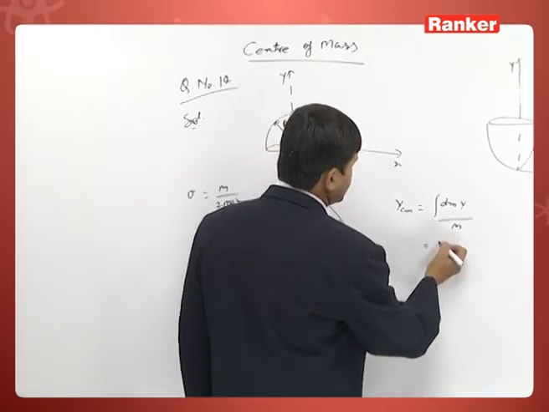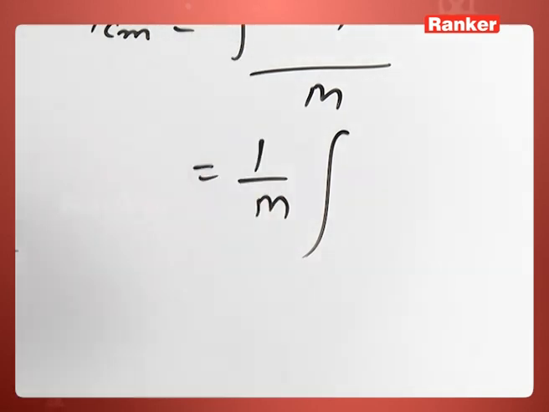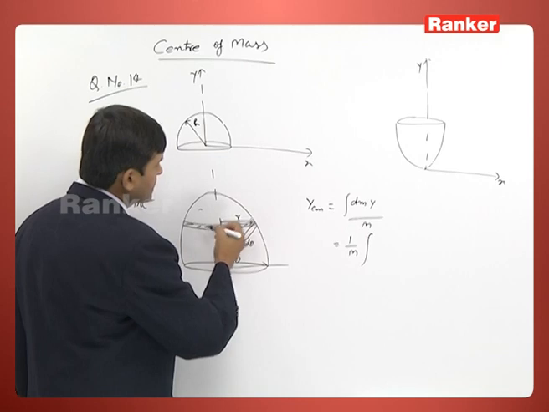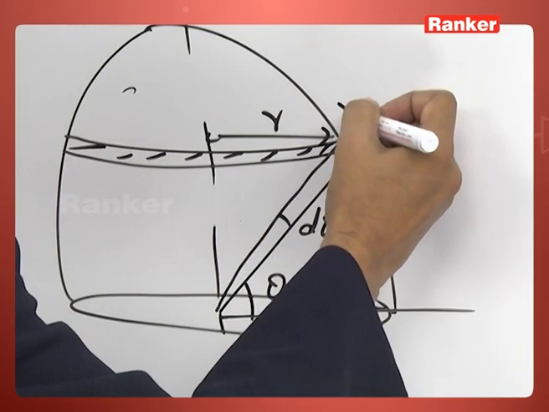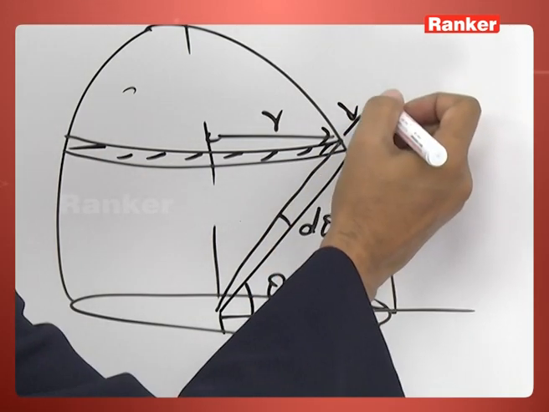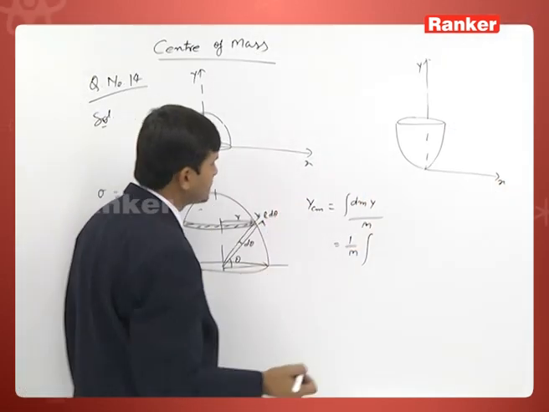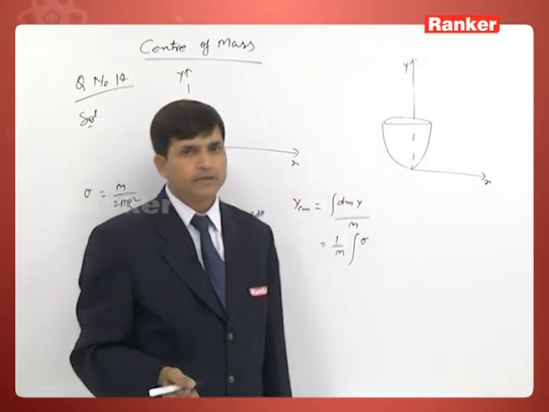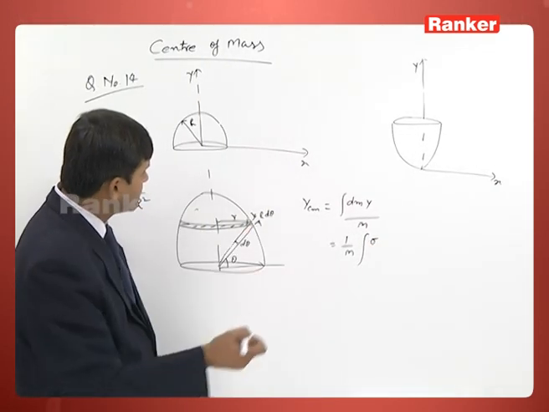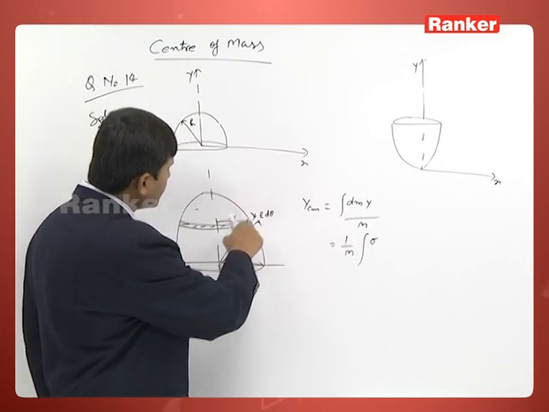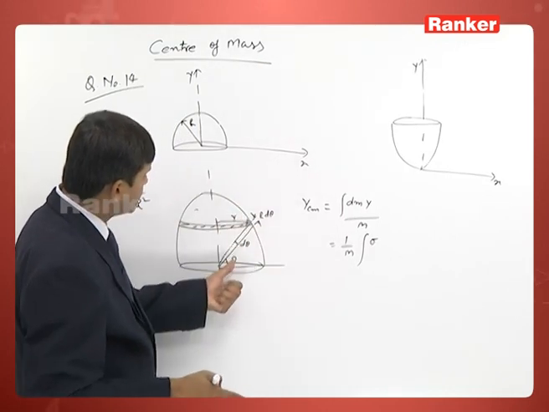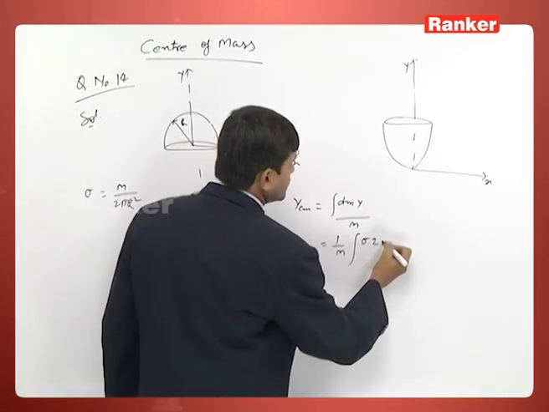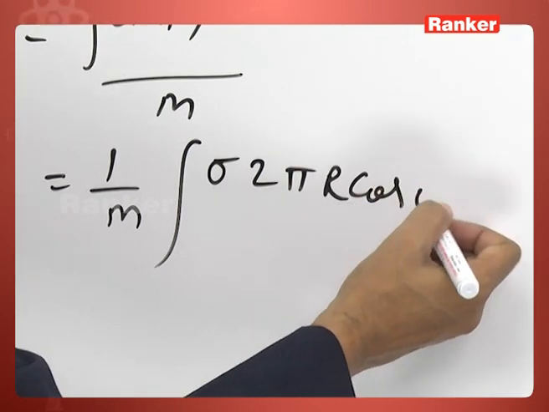For dm, see, this is the radius R and the thickness will be R d theta. So, dm is sigma, mass per unit area, times the area of that ring, 2 pi small r, and small r is R cos theta, so 2 pi R cos theta.